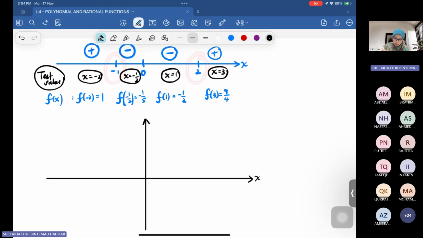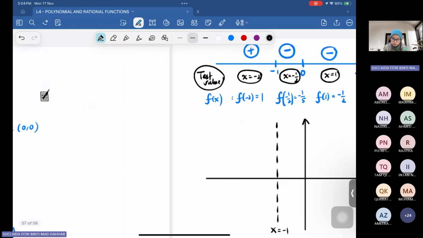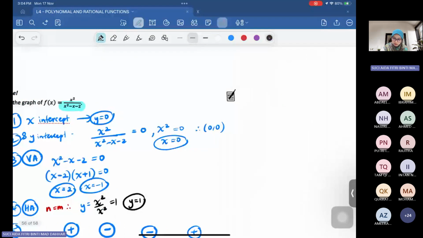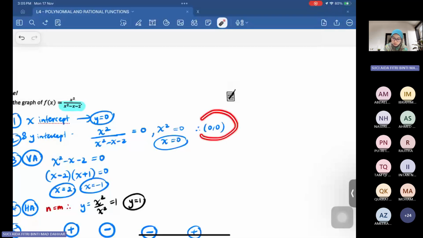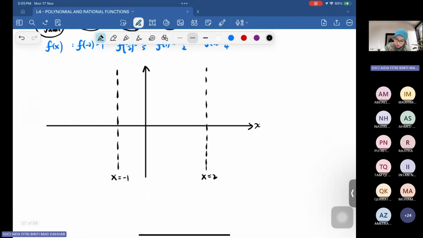So you have to draw the dashed line, one at -1. This is x equals -1. And this is at +2, x equals 2. And remember, we are supposed to cut the graph at the intercept at the origin (0, 0). So remember, you have to meet this point.